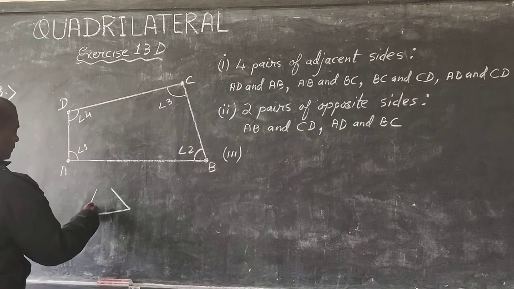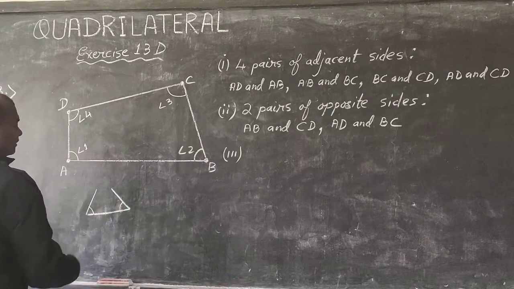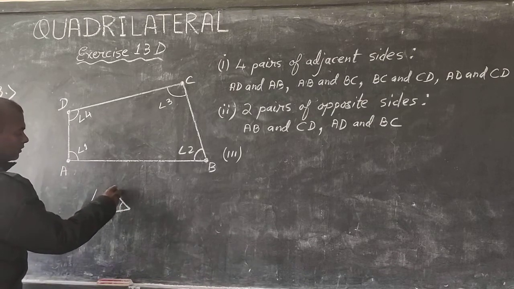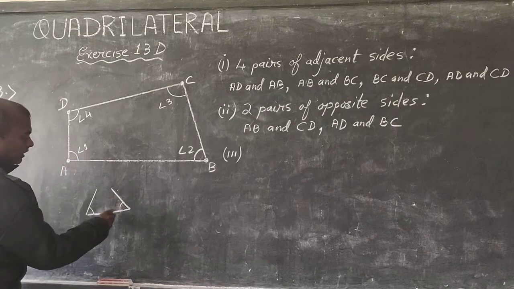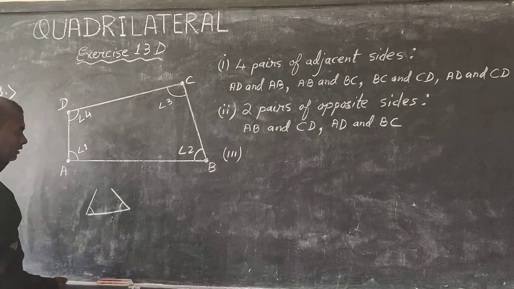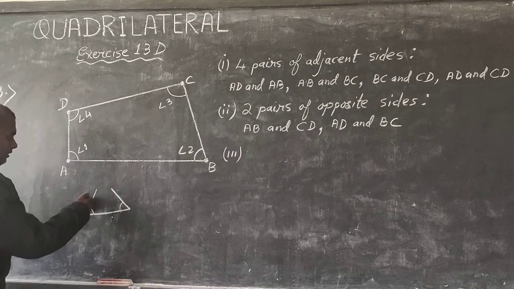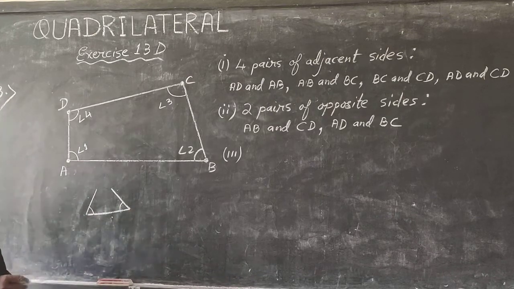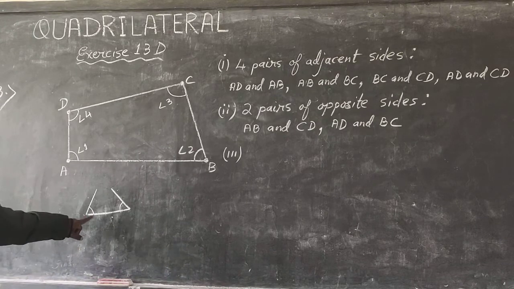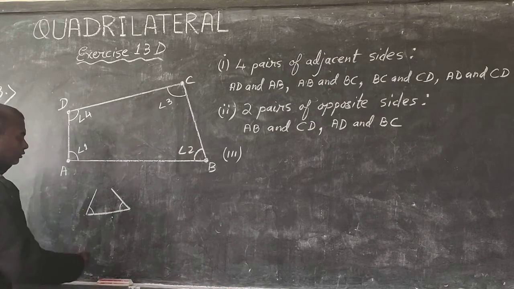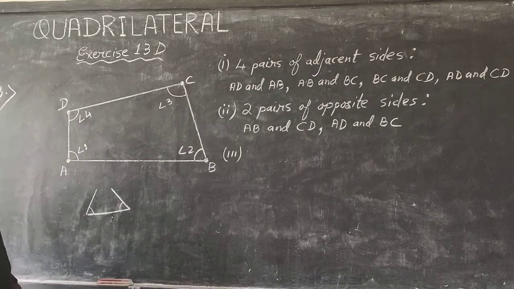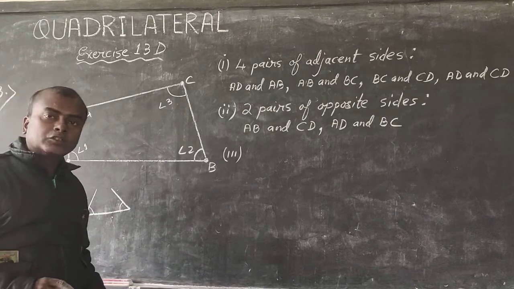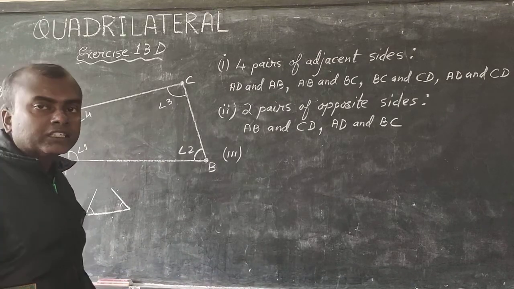For this particular angle, this and this is the side. For this particular angle, this and this is the side, but you can see one side is common to both the angles. Can you see that? One side is common to this angle also and this angle also. So those angles whose one side is common to both the angles, they are called adjacent angles.